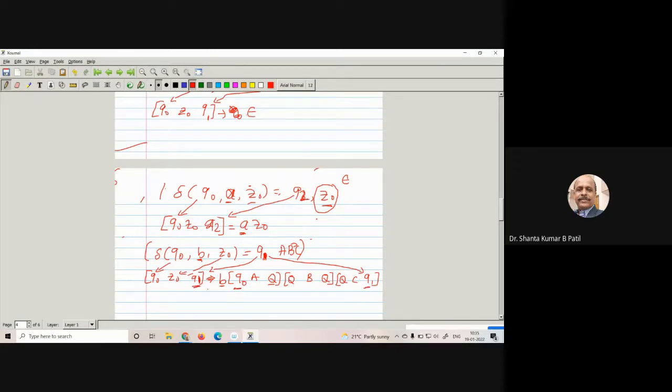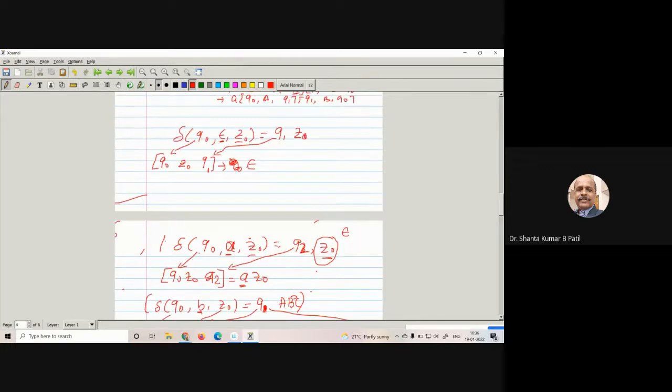One time you replace q by q naught, second time you replace q by q1. Here also, first time you replace q by q naught, second time q1. Like that you can get two more productions. This is how we convert the PDA into the CFG.